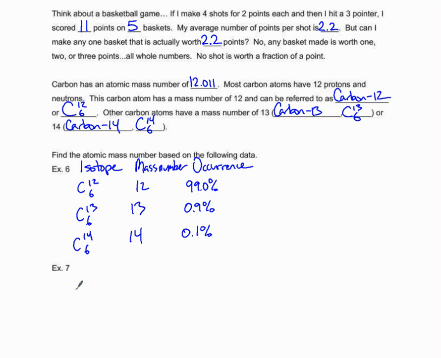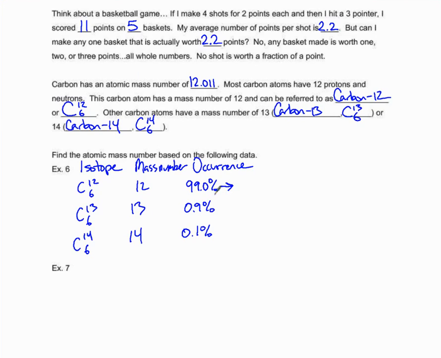So we're going to do what's called a weighted average, and I'm going to show you how to do it. And probably the most interesting takeaway from this is that you'll be able to calculate your weighted semester grades come December. To do this, we have to remember that 99% is actually a decimal.